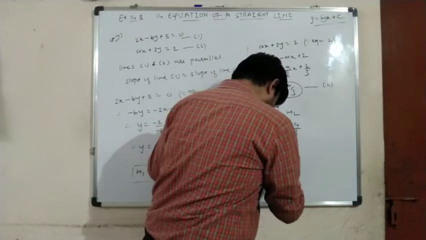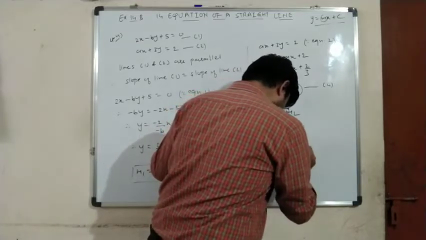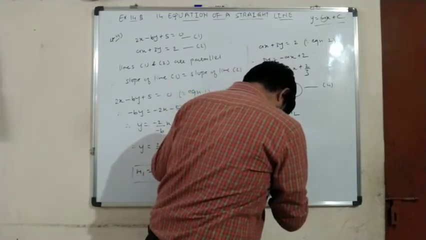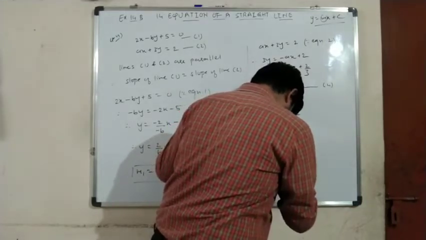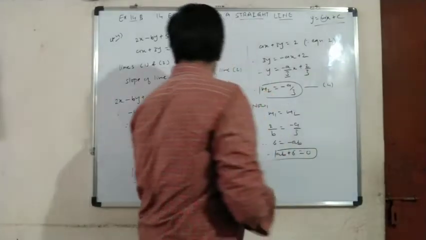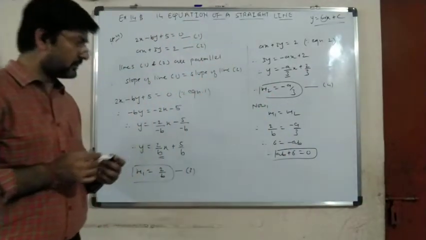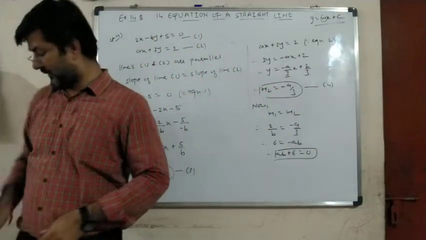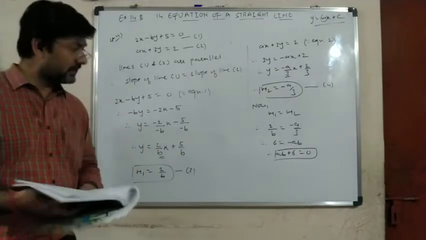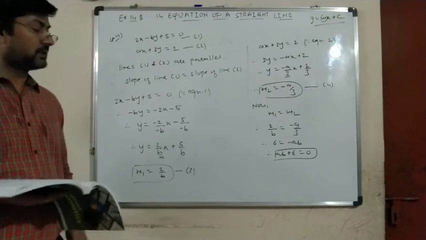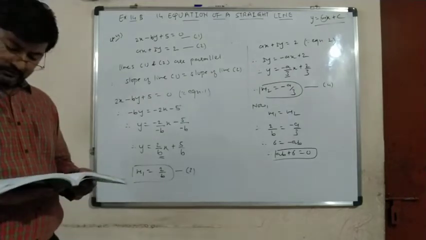Therefore, 3 twos are 6 is equal to minus ab, or ab plus 6 is equal to 0. Okay, so this is the relation which we have to find. This is the relation connecting a and b: ab plus 6 is equal to 0, or ab is equal to minus 6.